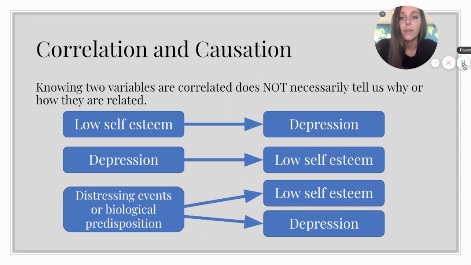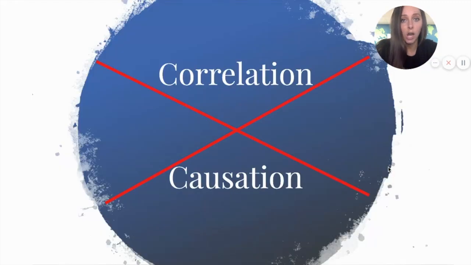So if you just have two variables and you just see that they're correlated, you cannot, I repeat, you cannot, one more time, you cannot say that correlation causes causation, right?